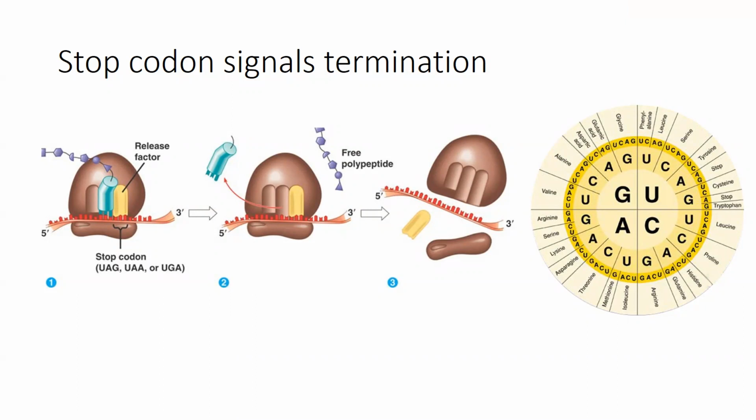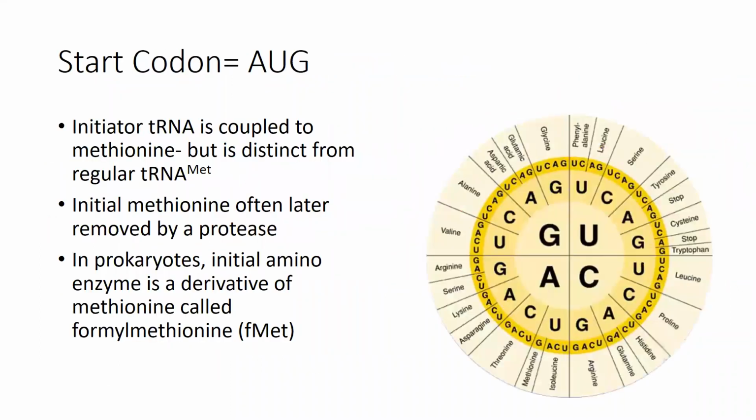I have a question, Shirley, about the fMet for prokaryotes. So the fMet instead of Met is what's added, and then some enzyme comes along and takes it off, right? Yeah. Do we have an idea of why that is, or is it not understood, or speculative?